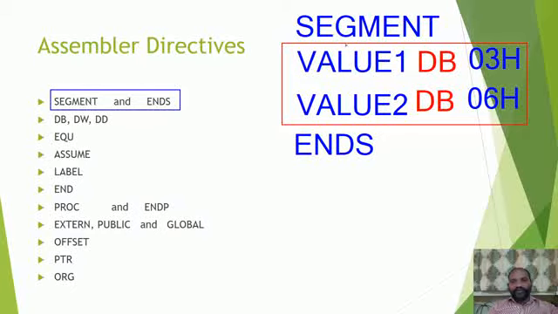I'm grouping those variables as one segment using the SEGMENT and ENDS directives. SEGMENT and ENDS directives are used for grouping a set of statements. Those statements may be declaring the variables.